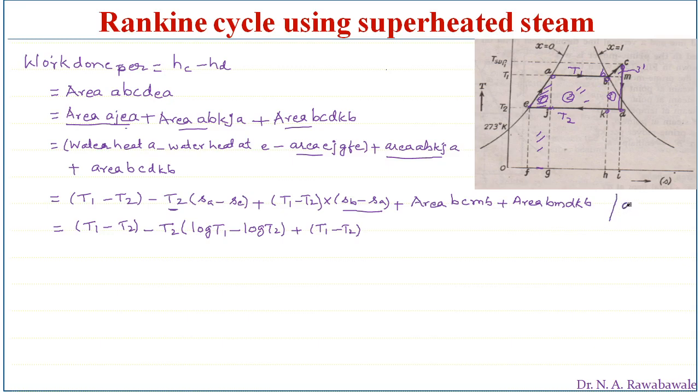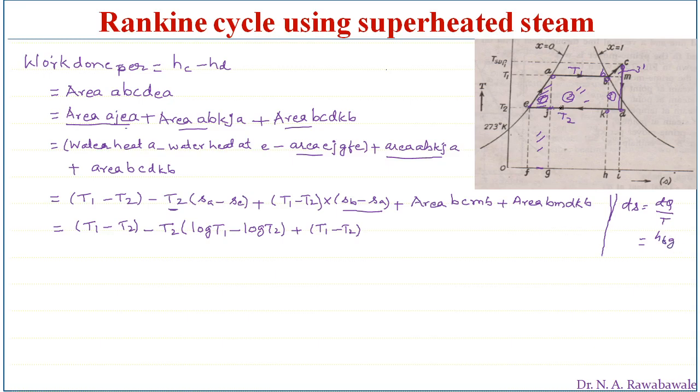SB minus SA is nothing but, change in entropy is equal to heat transfer divided by temperature. So heat transfer during process A to B is the latent heat of vaporization, that is HFG.